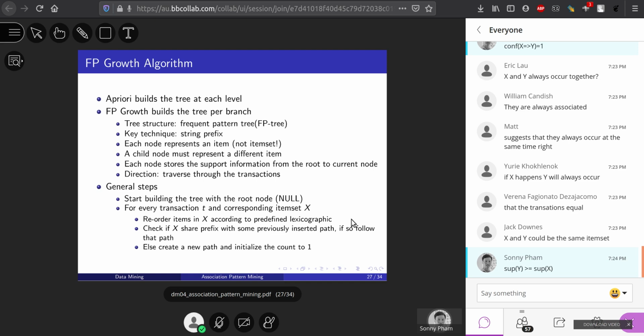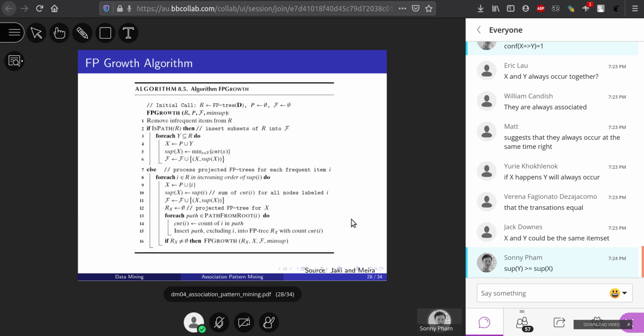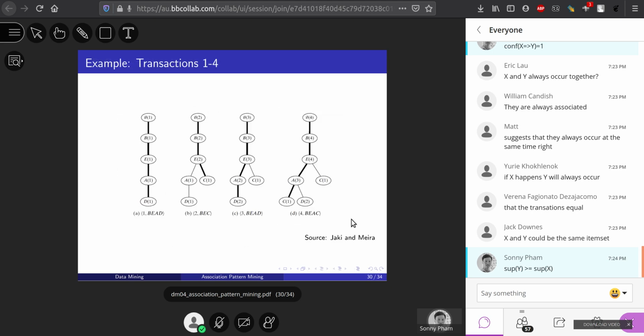So if you look at the previous one, the Apriori algorithm, each node represents a possible item set. But if you look at the FP tree, which is here, for example, each node is just an item. Item sets can be constructed by traversing different parts of the tree to find the frequent item sets.